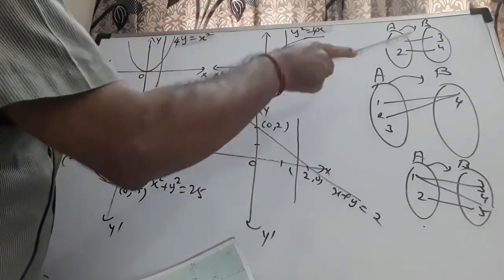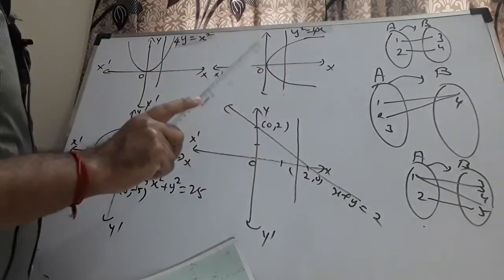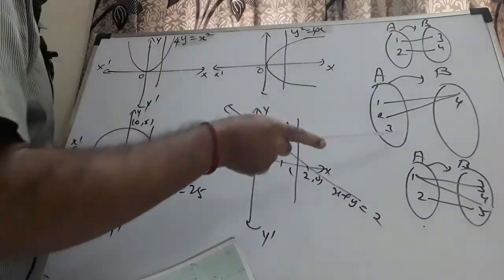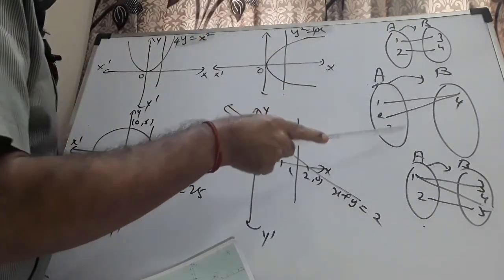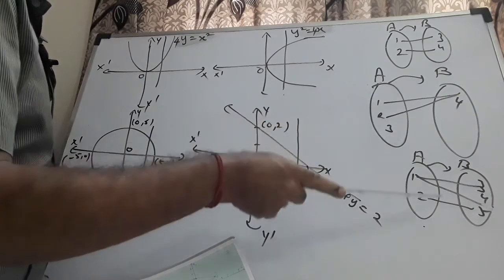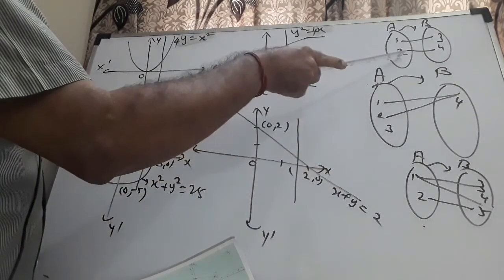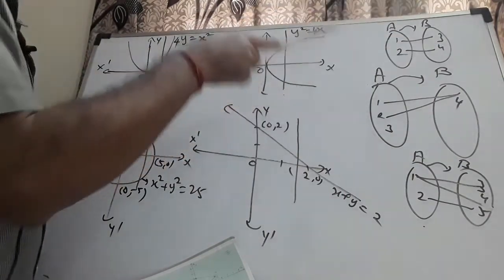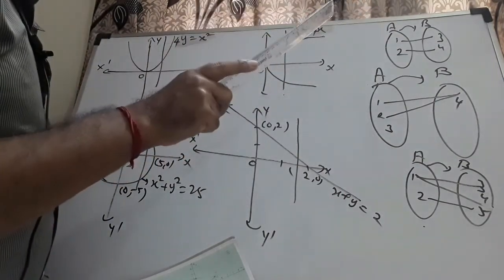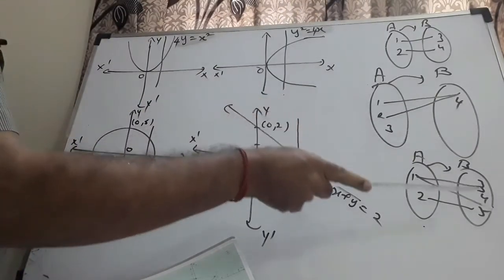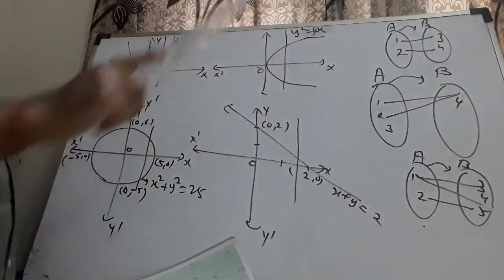Here there are only 2 elements and each has a single image, therefore this is a function. So the first is not a function, the second is not a function, but the third is a function.